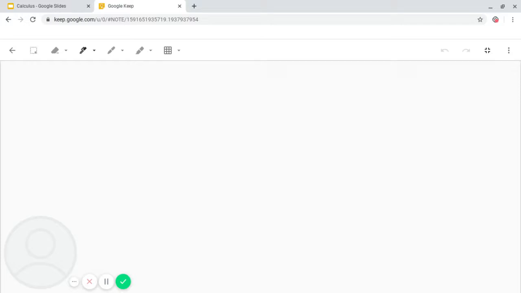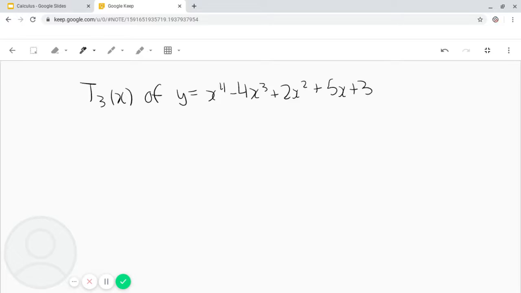We want to find the third degree Taylor polynomial, so I'll just say T3(x) of y equals x to the fourth minus 4x to the third plus 2x squared plus 5x plus 3, centered around 2.